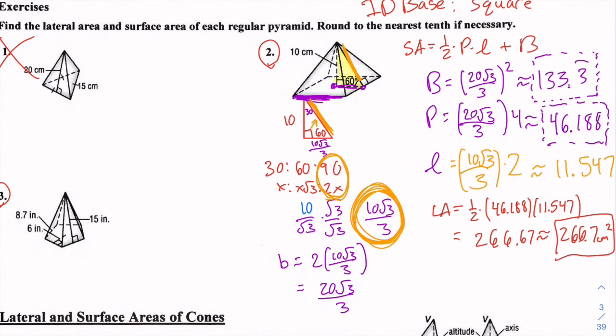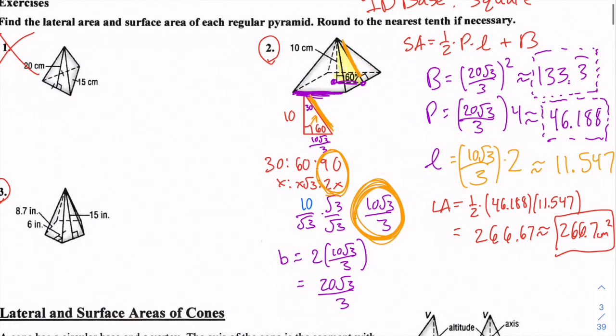squared. Okay. And then for my surface area, it's always smarter to take the non-rounded number, right? If I'm trying to find the most accurate surface area, plus my base area, which is 133.3 repeating. This actually works out nicely.